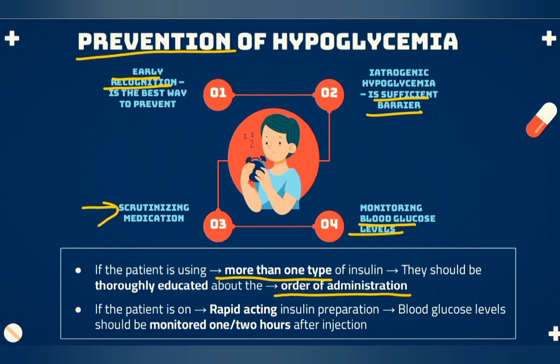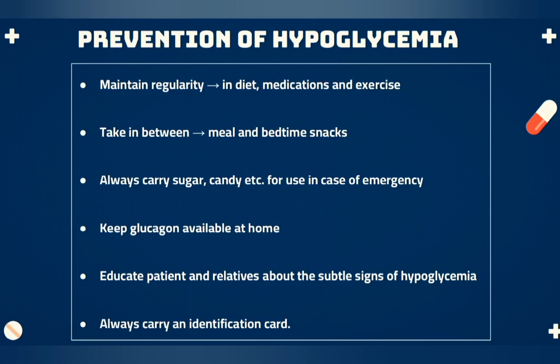If any person is on rapid acting insulin, in such condition the blood glucose level should be monitored 1 or 2 hours after the injection of such rapid acting insulin, so that the condition of hypoglycemia can be better prevented. Apart from this, there are some other preventive measures for hypoglycemia.